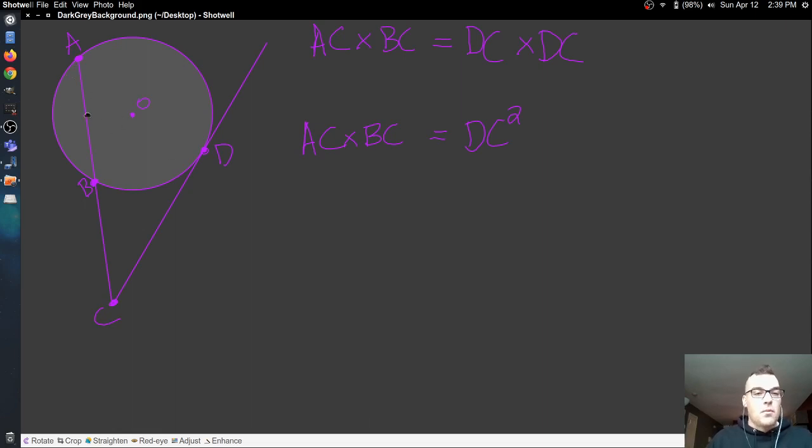So again, let's come up with an example here. Let me say that this is 2. And then this is 5. No. We'll say this is 3. So then, this entire secant here is 5.